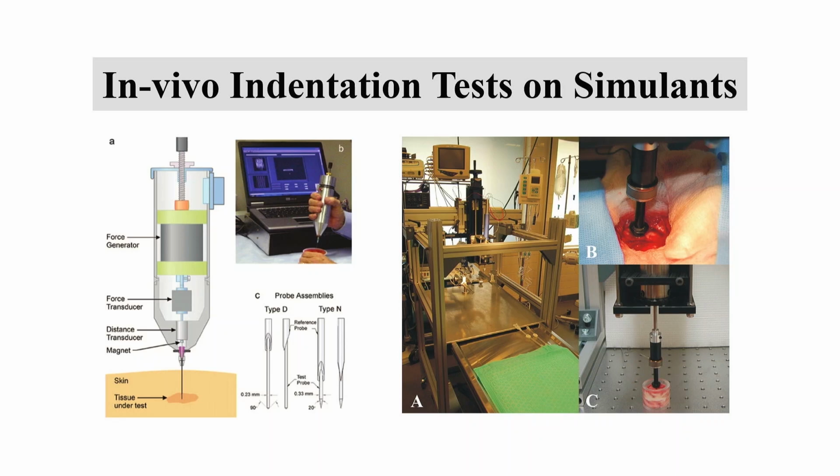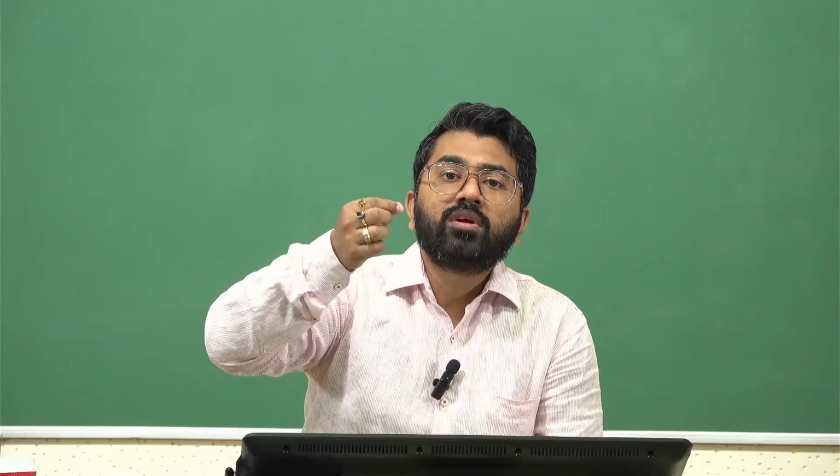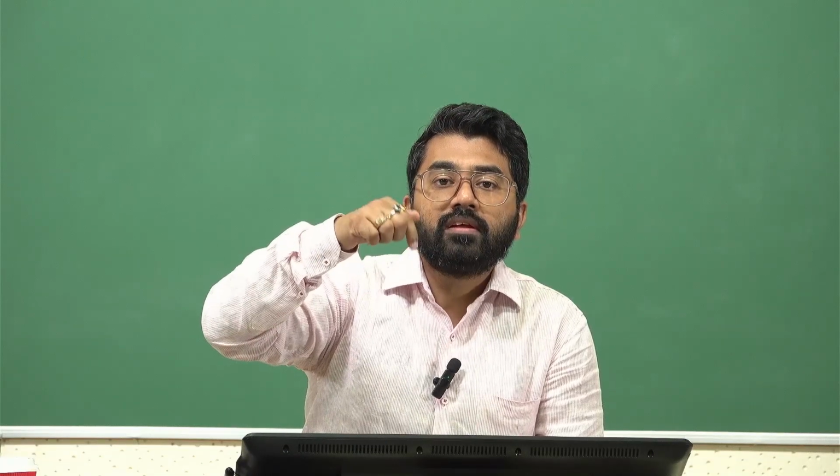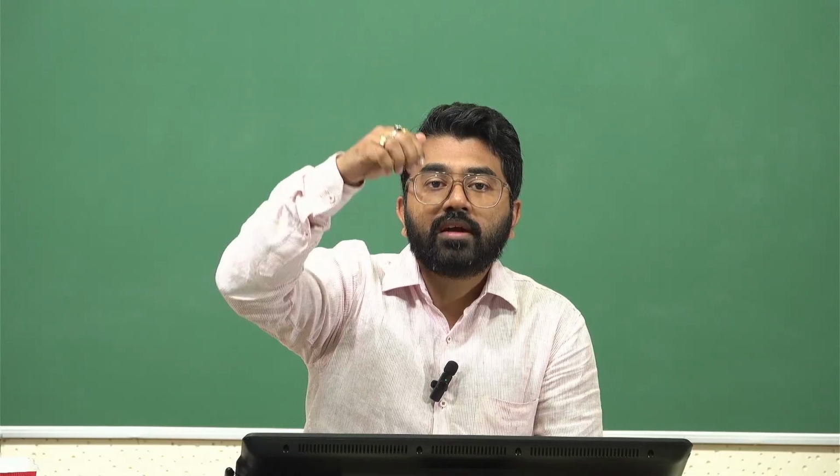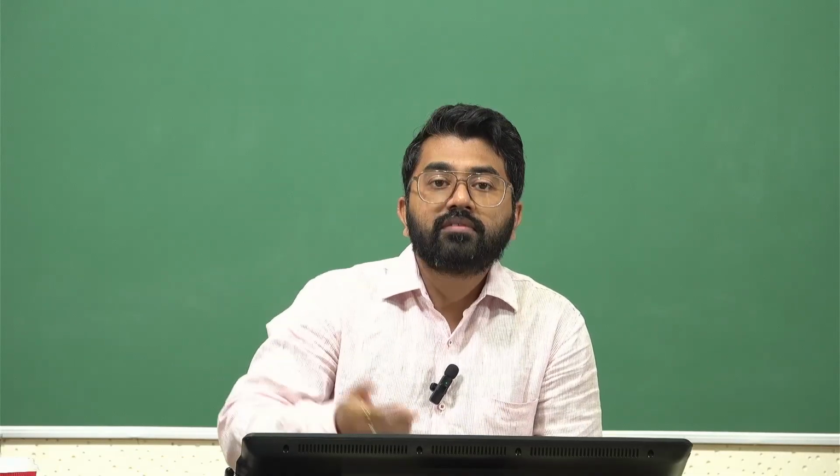Micromechanical means they're small in size, they're mechanical, and they have an electronic component to them. Then there is a magnet. Then you finally have skin, and then the part of the tissue under test. So you can poke this needle, and this is not an entirely penetrating needle per se. It has a little bit of a blunt end, which can take the same measurements.